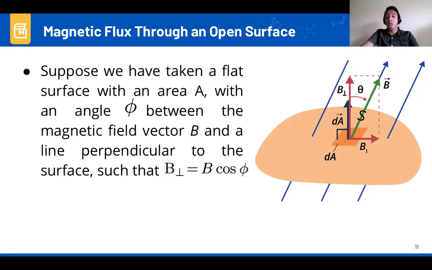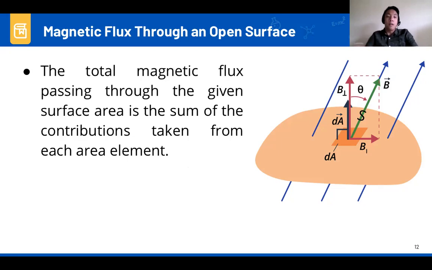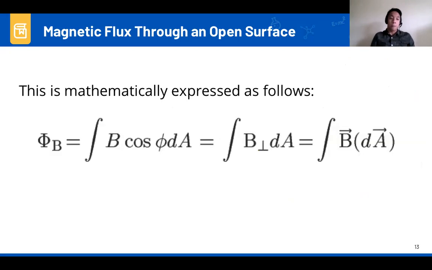So it just shows here how to solve our given magnetic flux. The total magnetic flux passing through the given surface area is the sum of the contributions taken from each area element. Or, in mathematical expression as follows, we can use these three.